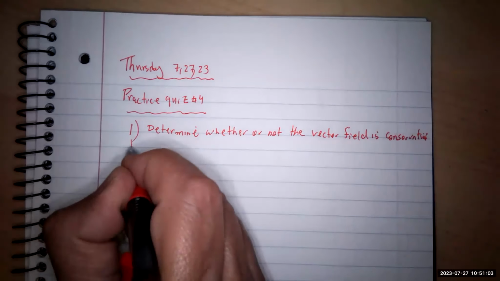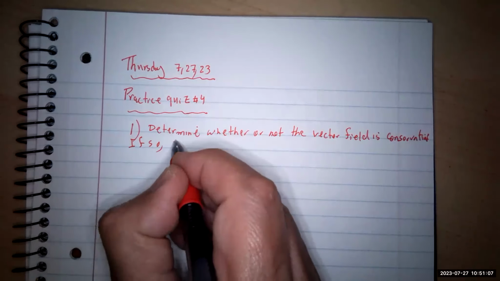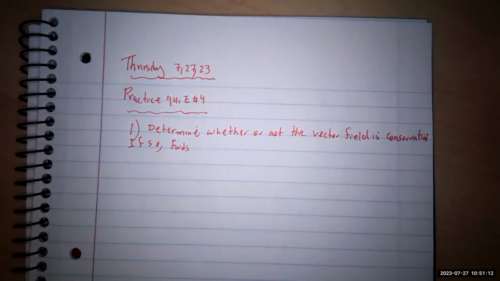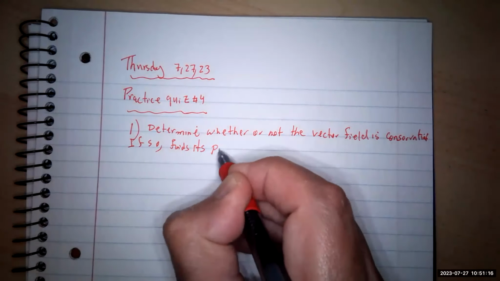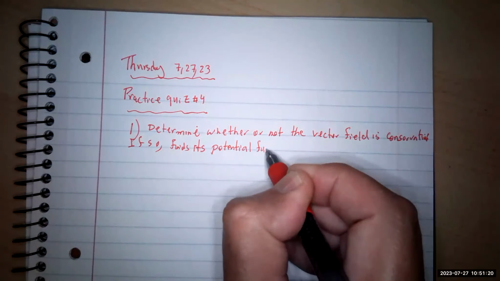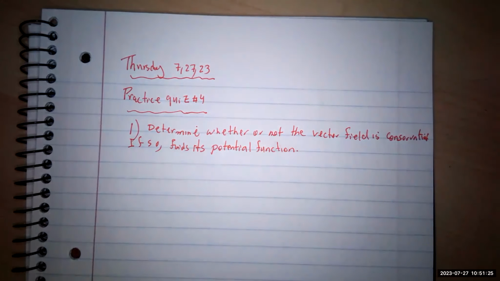If so, you have to find its potential function. You know that you are going to find the function whose gradient is the same as the field that you are dealing with. So we're taking part 1.